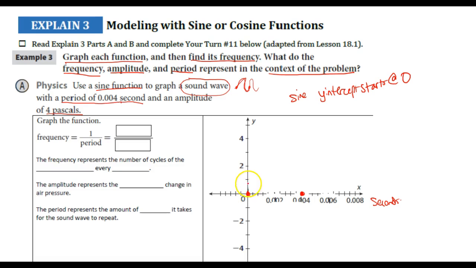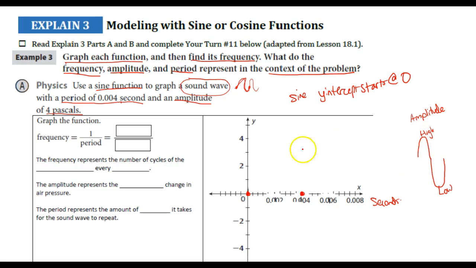So that means it's going to go up, and you're like, how high does it go up, right? So remember, our amplitude is about 4 pascals. Just a reminder, amplitude is going to be how high a wave goes and how low a wave goes. I probably made that uneven, but you get the idea.